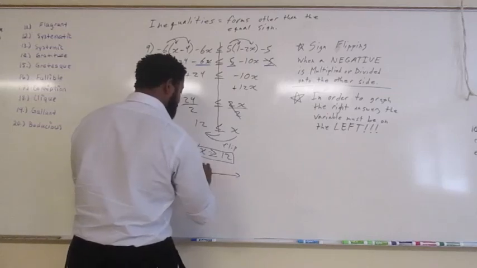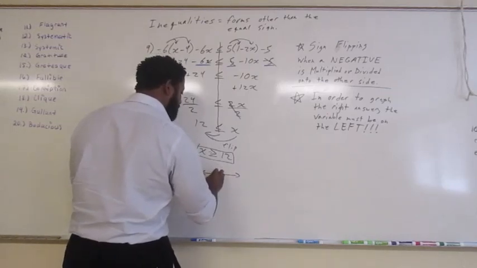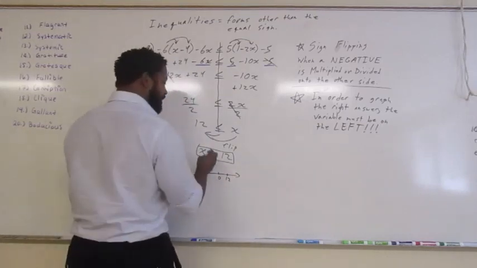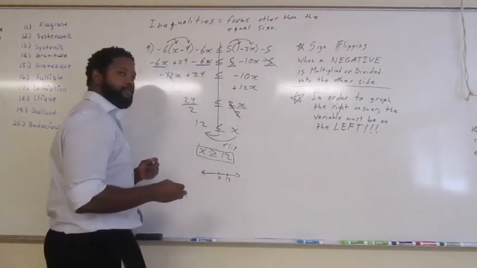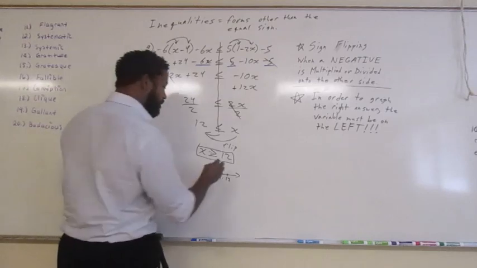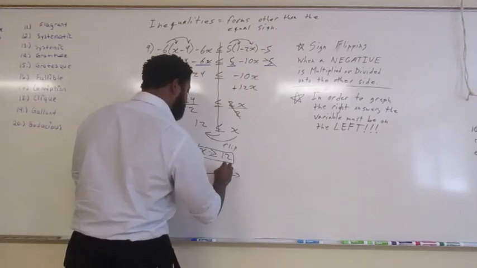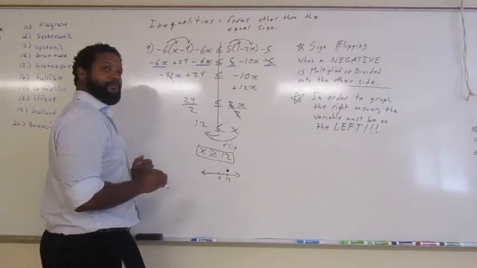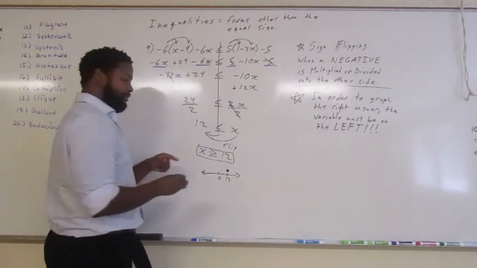If you were to graph this, this is why we do this, okay? Because when you put this on the graph and you have what kind of circle over the 12? Closed. When we have a closed circle over the 12, which way are we going? To the right.